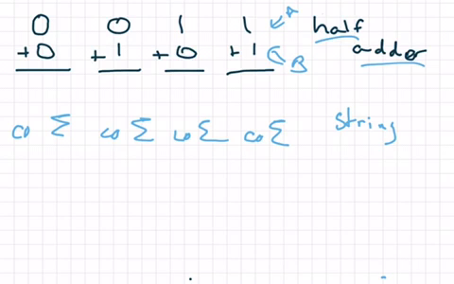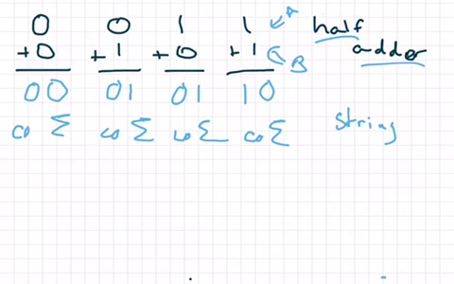You have your sum, which in this case 0 plus 0 is 0, and then you carry out a 0. 0 plus 1, the sum is 1, and you have a carry out of 0. 1 plus 0 is a 1 with a carry out of 0. And 1 plus 1 is actually 0 with a carry out of 1. So those are all the possible combinations we can have when we add an A and a B together.